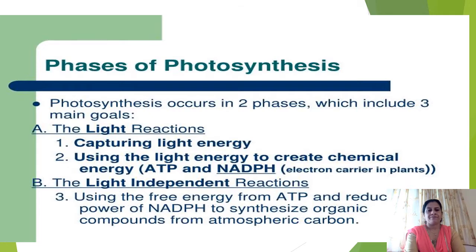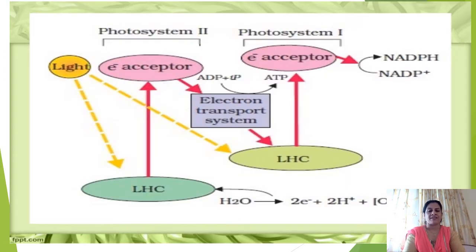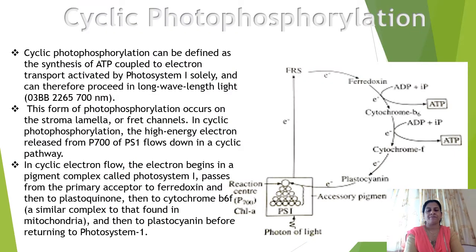In the cyclic process, that is cyclic photophosphorylation, only PS1, only photosystem 1 is involved. While in non-cyclic, both photosystem 1 as well as photosystem 2 are involved.